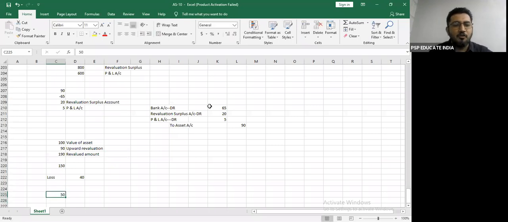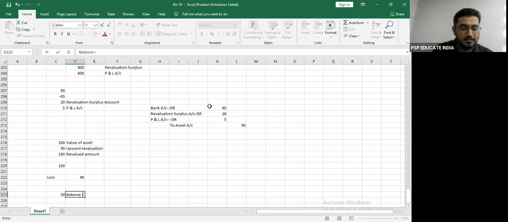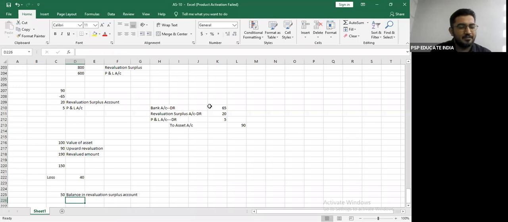You have a balance of 50 rupees. So balance of 50 in revaluation surplus account.